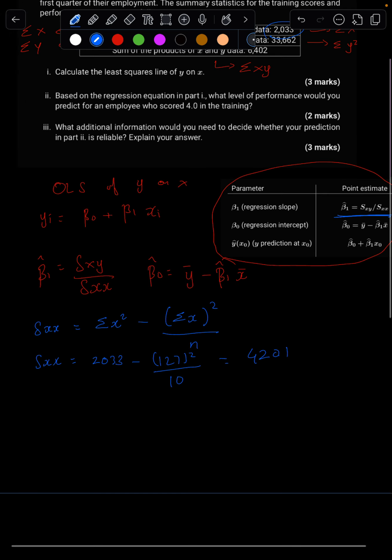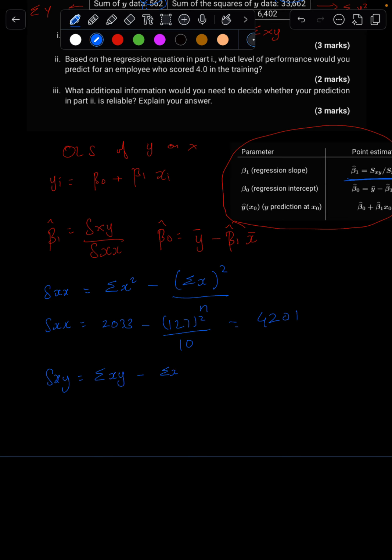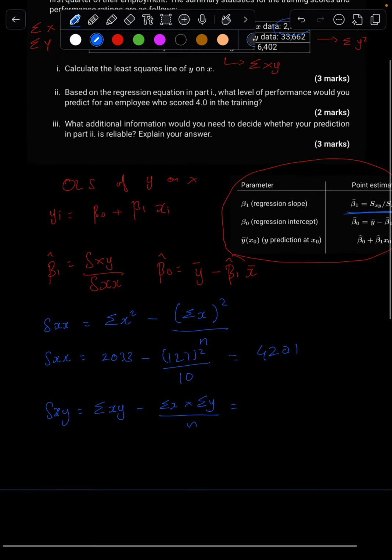So I just want to show you the formula for sxy. It's going to be the summation of x and y minus the summation of x times the summation of y, divided by n. Let's see what this is going to be in our example.